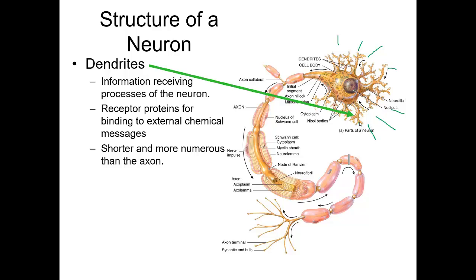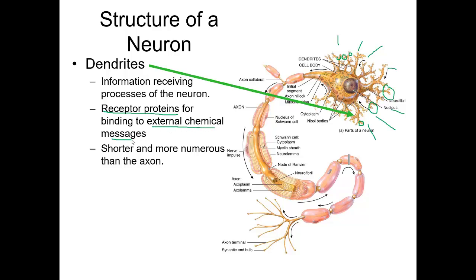So the dendrites are accepting information or action potentials from neighboring neurons. Now, these granulated substances that you see on dendrites are receptor proteins. They're receptor proteins that accept external chemical messages.